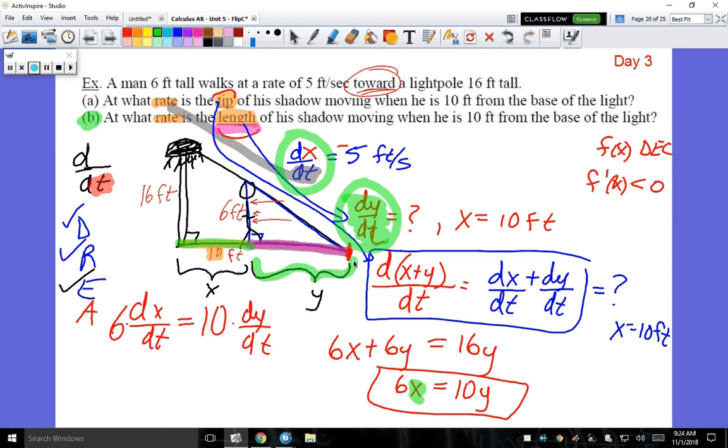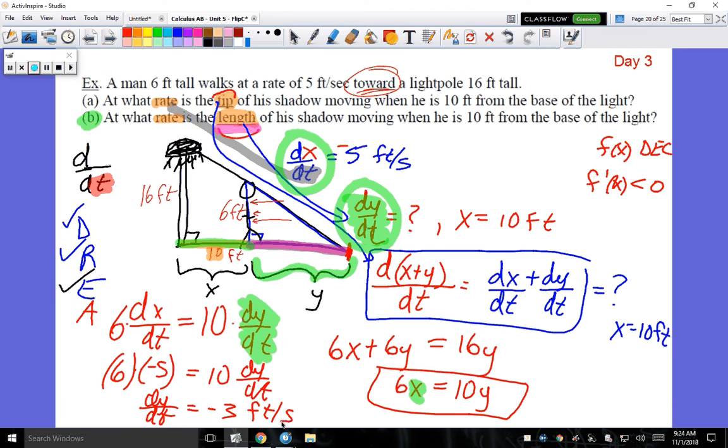So all we're going to do is look for dy dt by plugging in what for my dx dt? Negative 5. So we have 6 times negative 5, so we have negative 30 divided by 10 would be anyone? Negative 3. So dy dt is equal to negative 3 feet per second. This is the answer to part B.